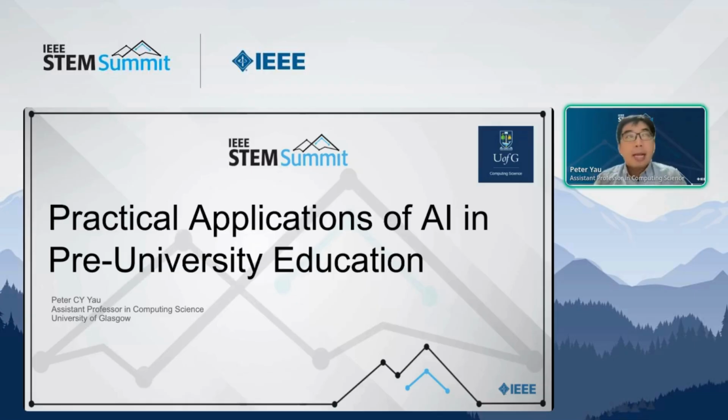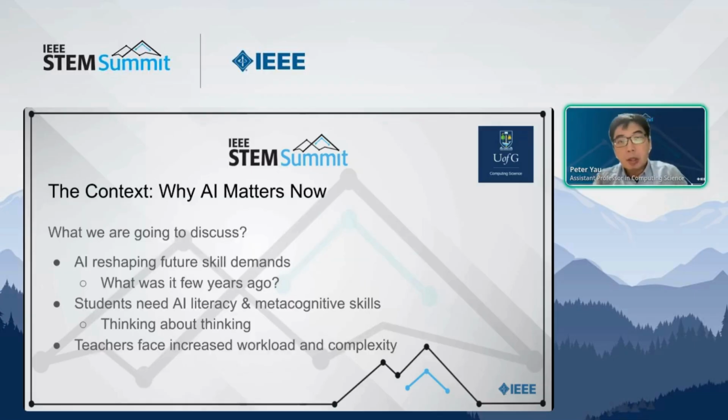So let's take a look at the context. Why AI matters, what we are going to discuss today. First of all, I think everyone will agree that in the computer industry, no matter which information technology you talk about, AI is certainly a hype word that everyone is talking about.